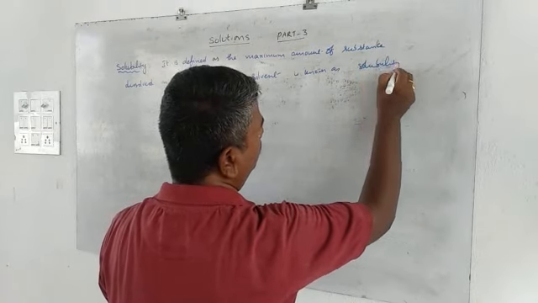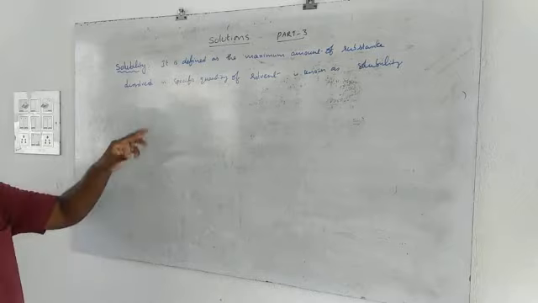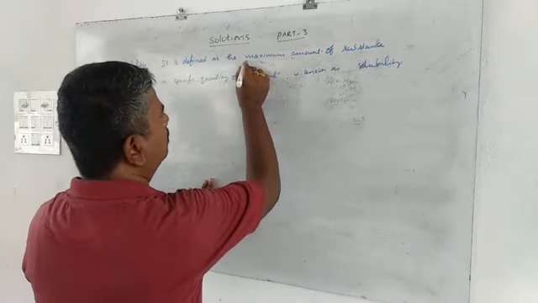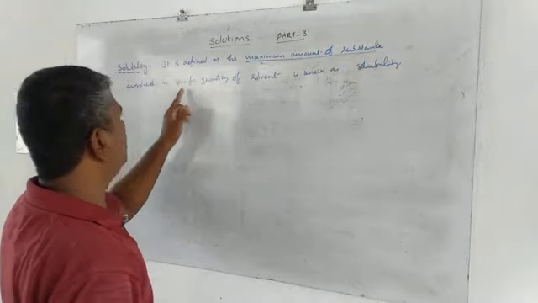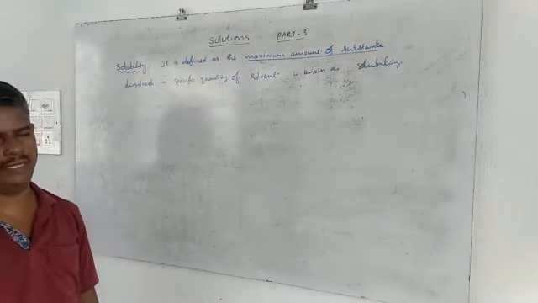Solubility. Clear? Once observe the definition. The maximum amount of substance dissolved in a specific amount of a solvent is known as solubility.